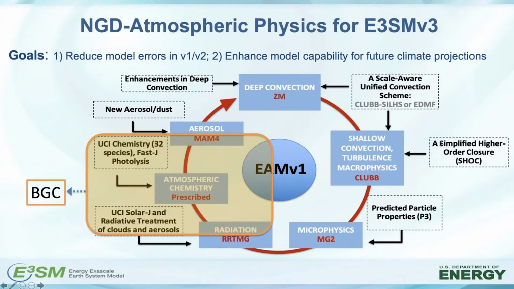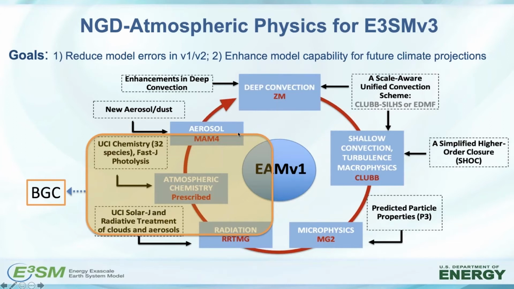Before I go into the atmospheric chemistry, it's helpful to look at the model. The blue boxes show the existing physics packages, including deep and shallow convection, turbulence, macrophysics, microphysics, radiation, atmospheric physics, chemistry, and aerosols. The dashed box is the corresponding new development that E3SM V3 is working on.